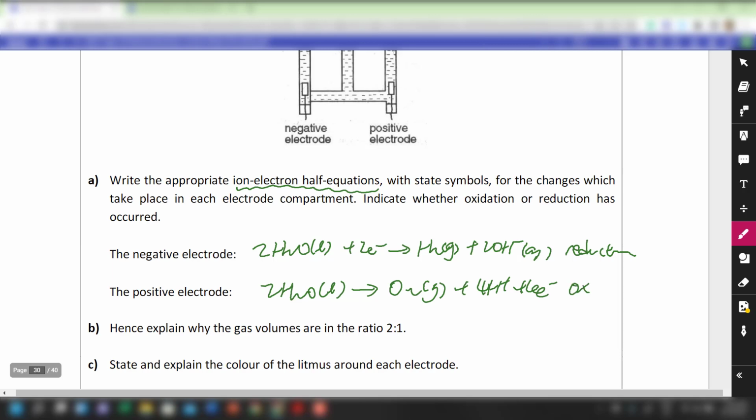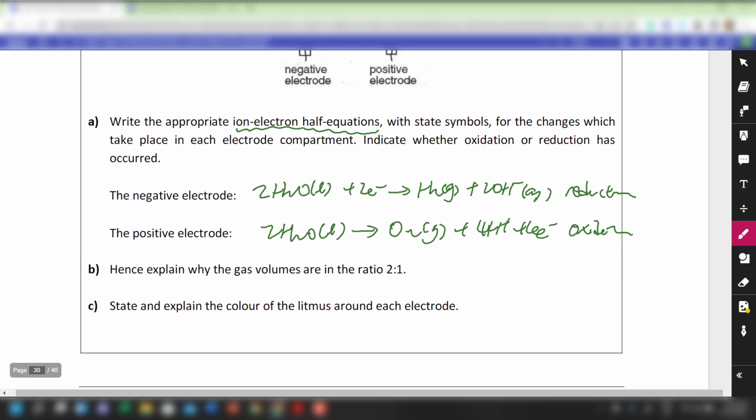This is where oxidation takes place. As the reaction proceeds, I expect the negative electrode to become increasingly more alkaline and the positive electrode to become increasingly more acidic. Because of that, I expect the color of litmus at the negative electrode to be blue, and that at the positive electrode to be red.